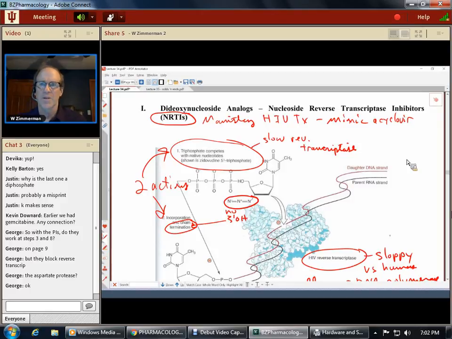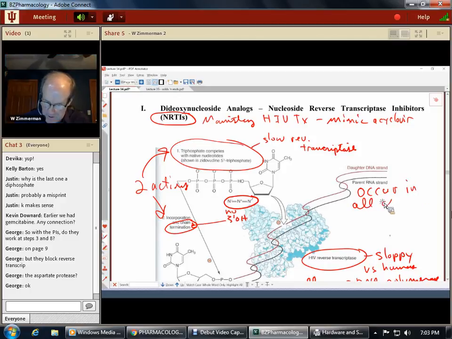I just want to be sure that we're clear about this. Look at the nucleoside reverse transcriptase inhibitors. These actions, zidovudine, this will occur in all cells.